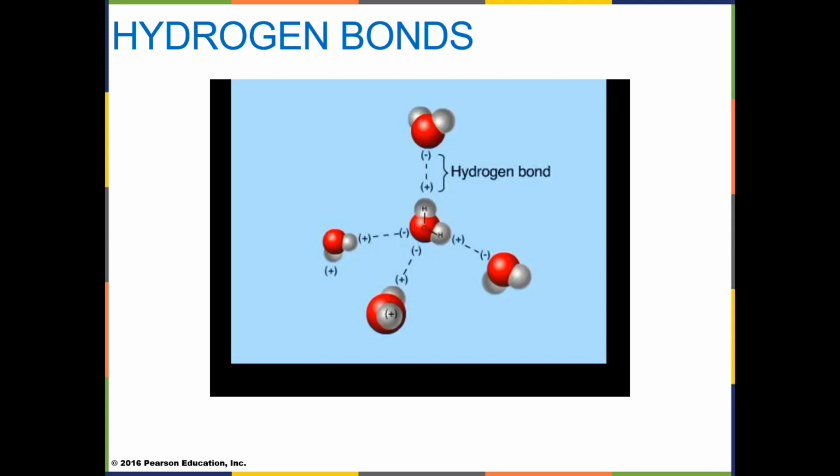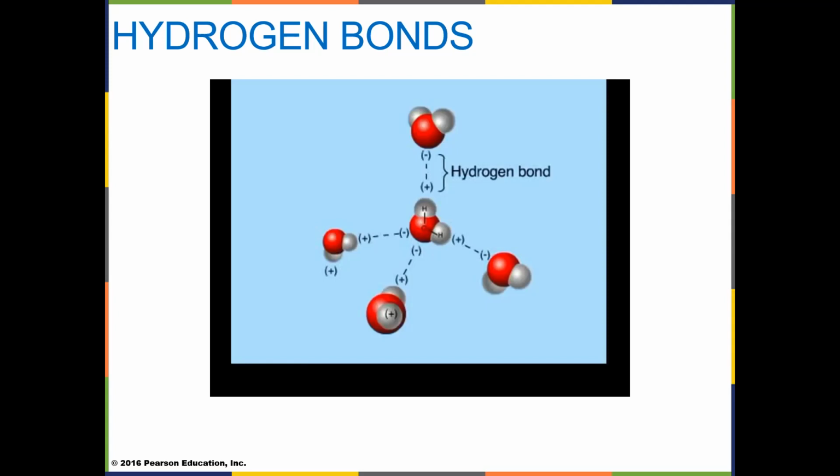For ice to form, you have to get those hydrogen bonds to become even stronger and to stop moving, because these things move all the time. We have to slow the movement of the electrons down for ice to form. So these hydrogen bonds are very, very important to us for water.